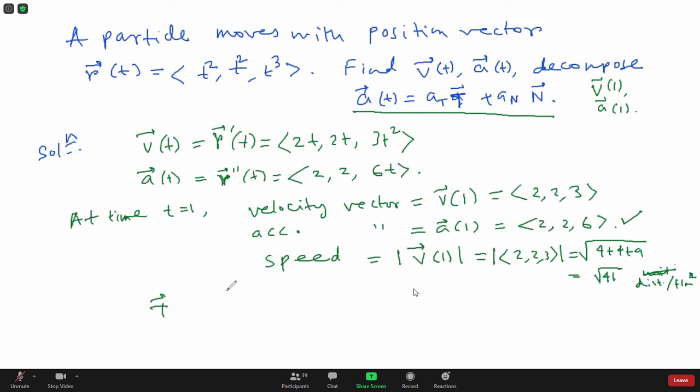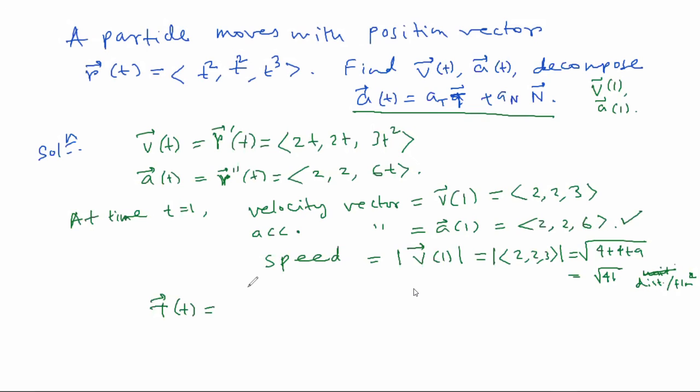The unit tangent vector is r prime divided by its magnitude. So let's do it at 1. Tangent vector at 1, that's what we are trying to do. So r prime at 1, r prime is this, so this is 2, 2, 3, and then the length of 2, 2, 3.